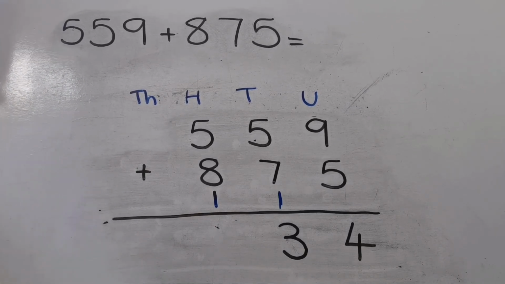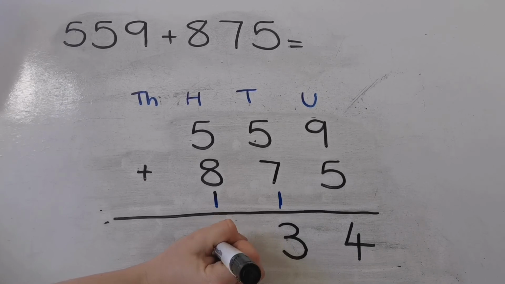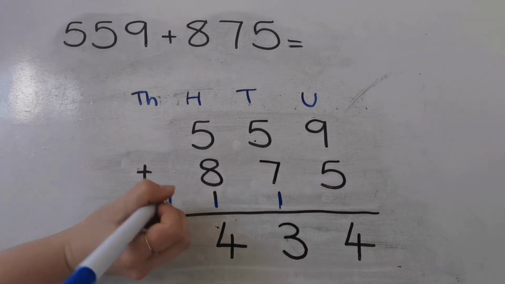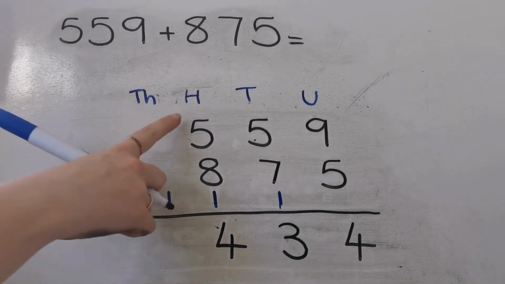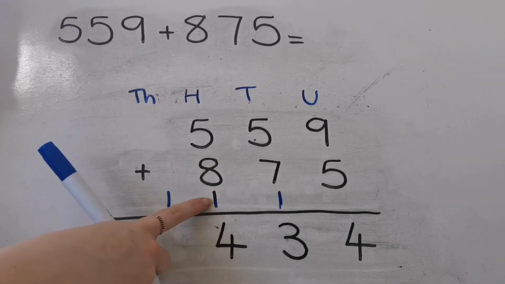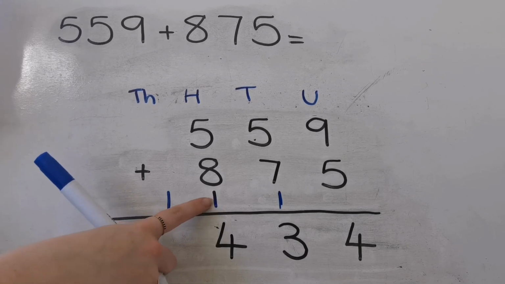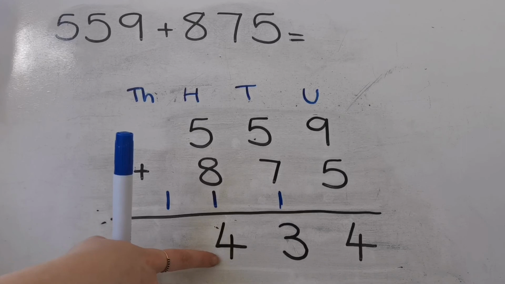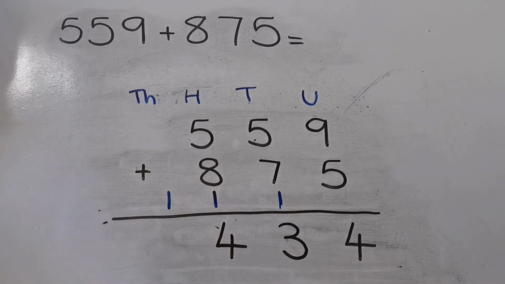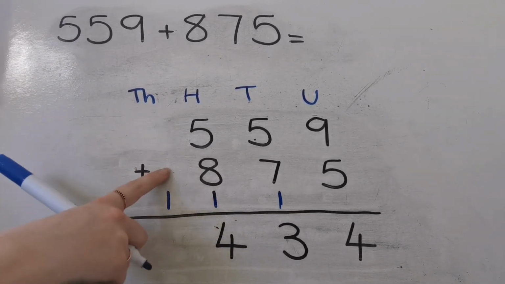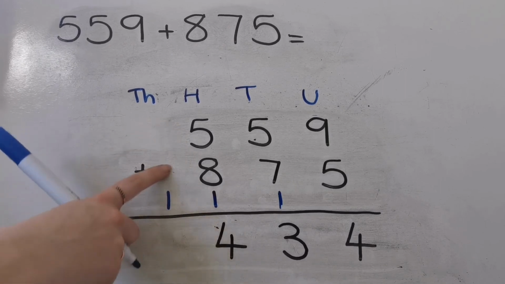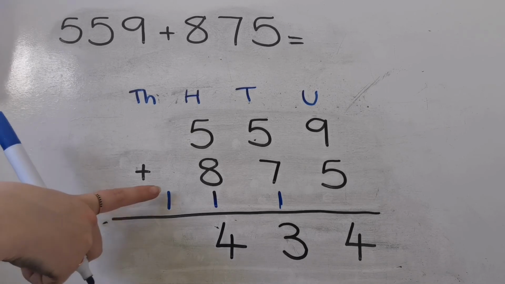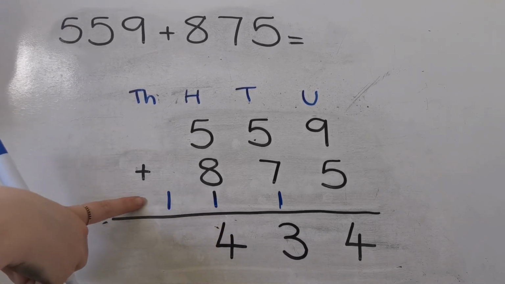Because I do need to make sure that I've popped in my 4 and I've carried over 1 into the thousands because I had 5 plus 8, 13, 14 when I add that final 1. So I've put my 4 because I've only got 1 digit, 4, and I've carried over into the thousands. Okay, now this time we've got no thousands in our first 2 numbers, but we have had to carry 1 over. So we've regrouped from the hundreds into the thousands.